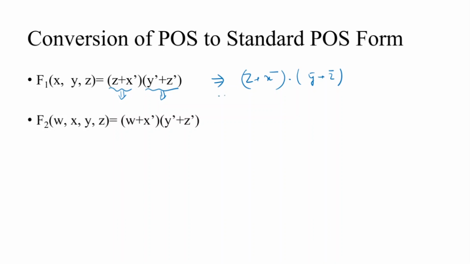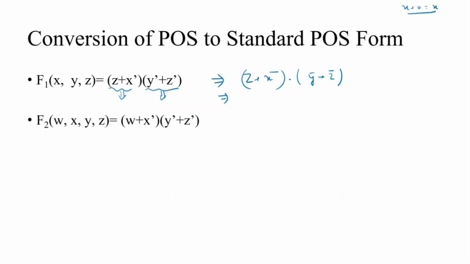Some of the Boolean postulates say that when we add 0 to any variable, the result is the same variable, because x plus 0 is x. There is no change in the value, but when we add 1 to any variable, the result is 1.